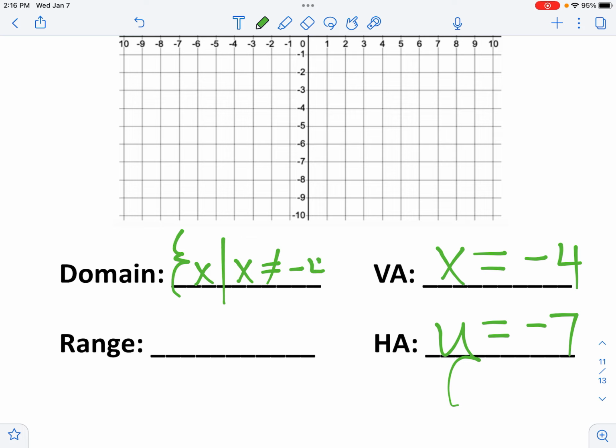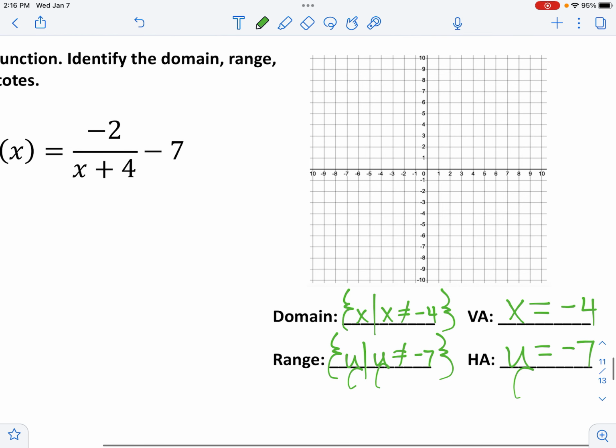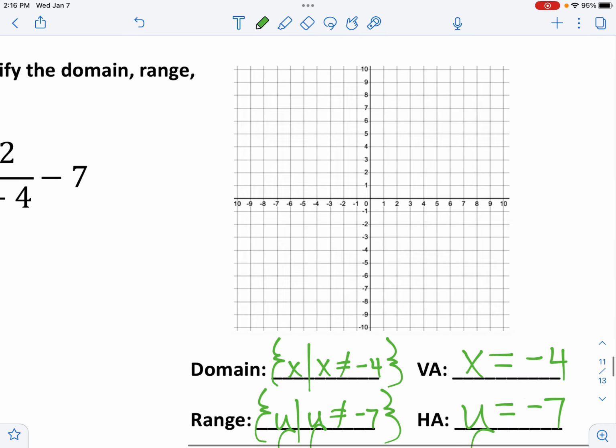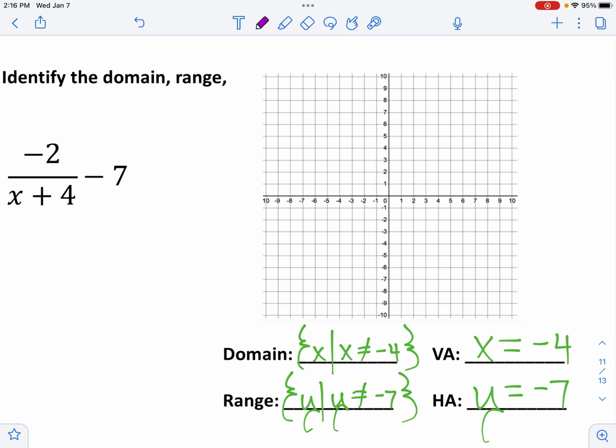So domain, x cannot equal -4. And then the range would be y such that y cannot equal -7. All right, now I'm going to draw those asymptote lines first. x equals -4. And y equals -7.